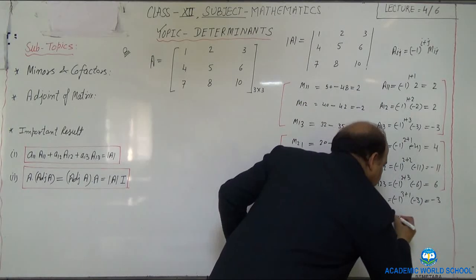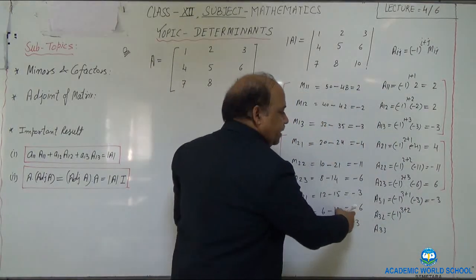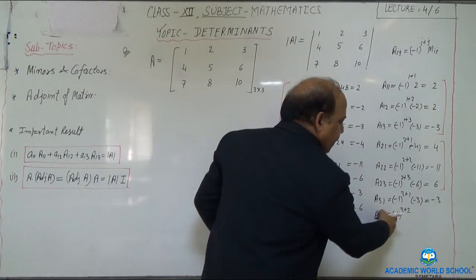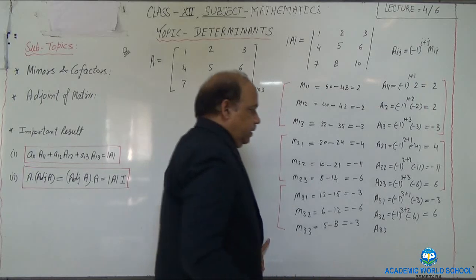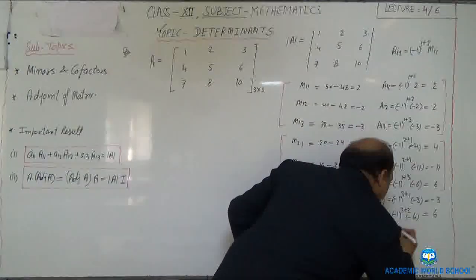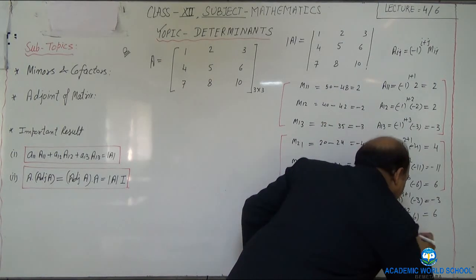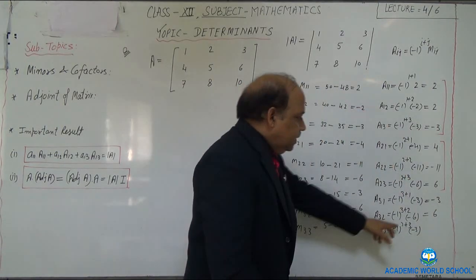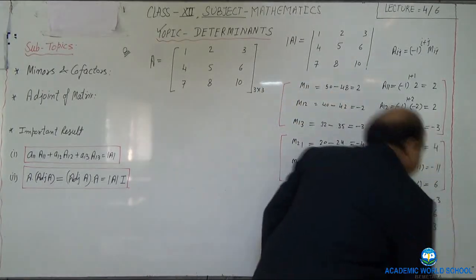Next one is minus 1 to the power 3 plus 2, and the minor of that is minus 6, and the power is odd, so minus into minus 6 will give you only 6. And then the last one, minus 1 to the power 3 plus 3, and the minor is minus 3. This is an even number, and therefore it will remain minus 3.